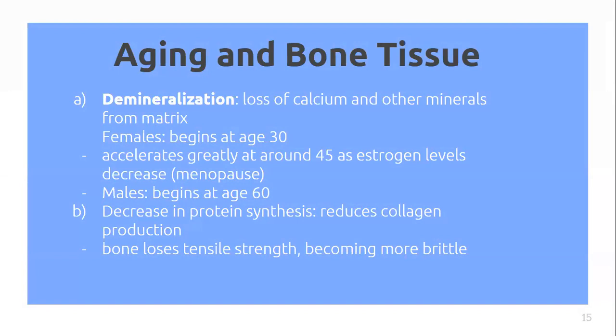So aging and bone tissue also have a very high correlation. Demineralization is the loss of calcium and other minerals from your matrix. If you lose all these minerals from your matrix, there's no calcification of the minerals. That means your bones go soft.